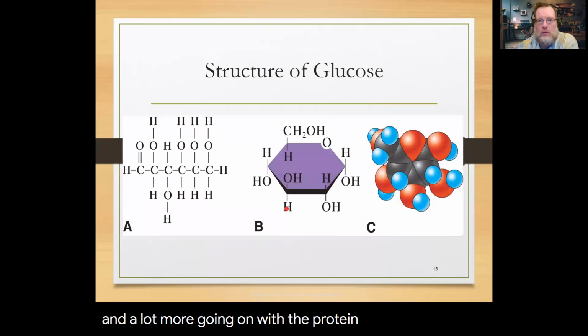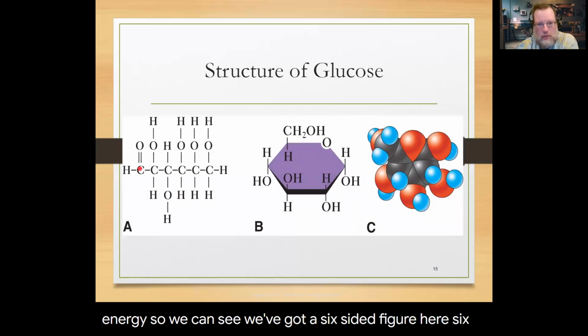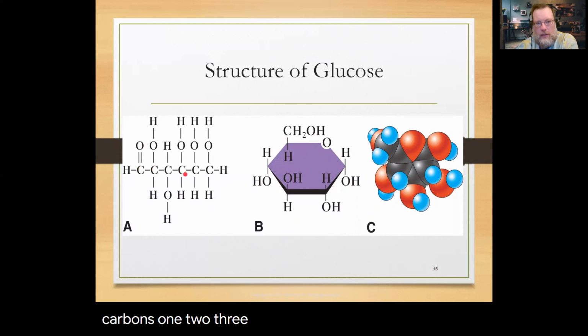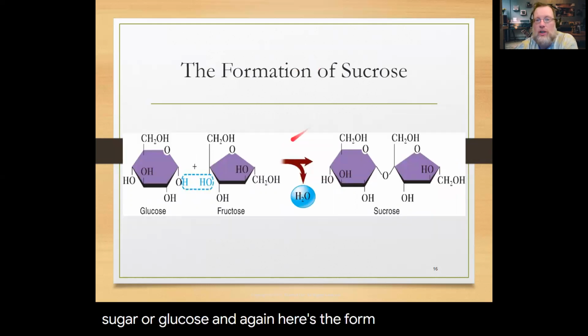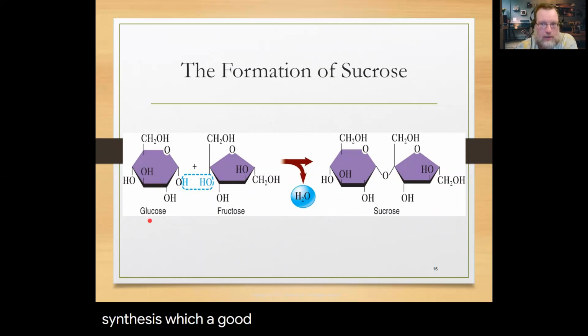And again, the glucose is the primary unit of carb that we're going to use for energy. So we can see we've got a six-sided figure here, 6 carbons, 1, 2, 3, 4, 5, 6. So we have a 6-carbon sugar, or glucose. And again, here's the formation. Formation would be synthesizing, which is going to be a dehydration reaction. Remember, with synthesis we're taking smaller bits and making a larger bit.